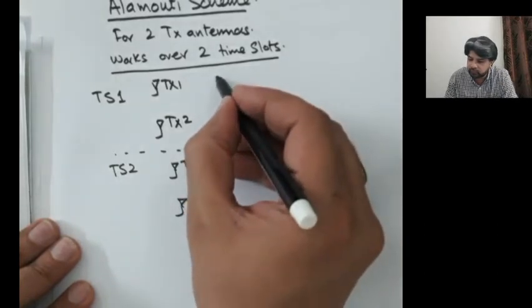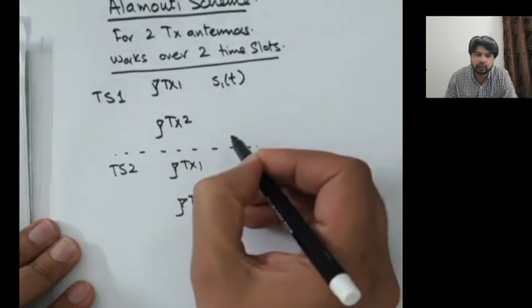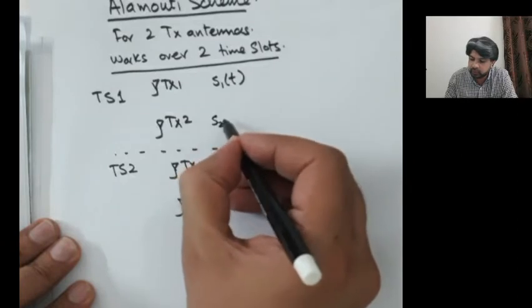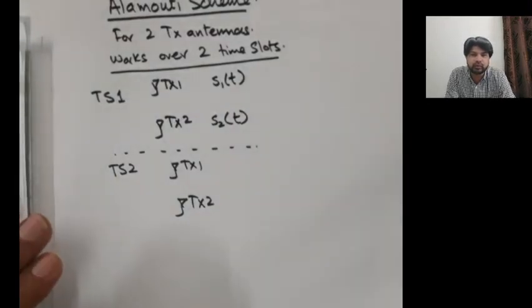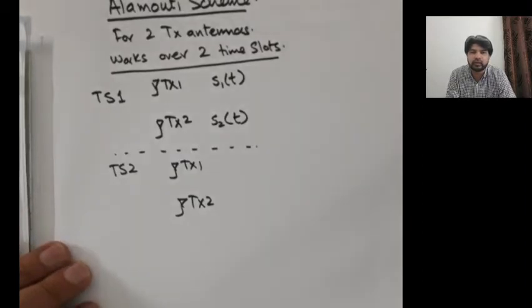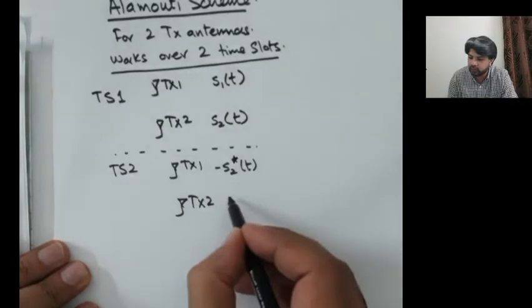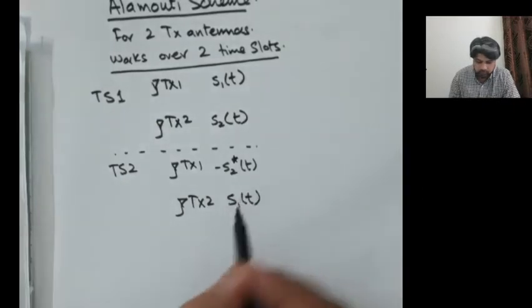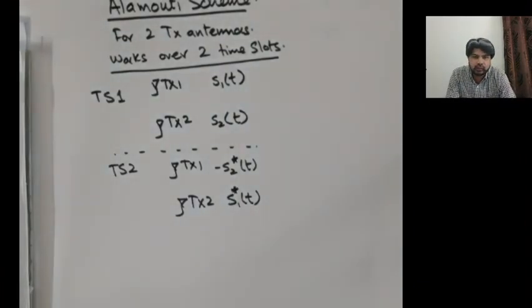During time slot 1, you transmit signal S1 of t from transmitting antenna 1, and S2 of t from transmitting antenna 2 simultaneously. And during time slot 2, you transmit minus S2 conjugate of t from transmitting antenna 1 and S1 conjugate of t from transmitting antenna 2. Using this, you would be able to get something out of it.